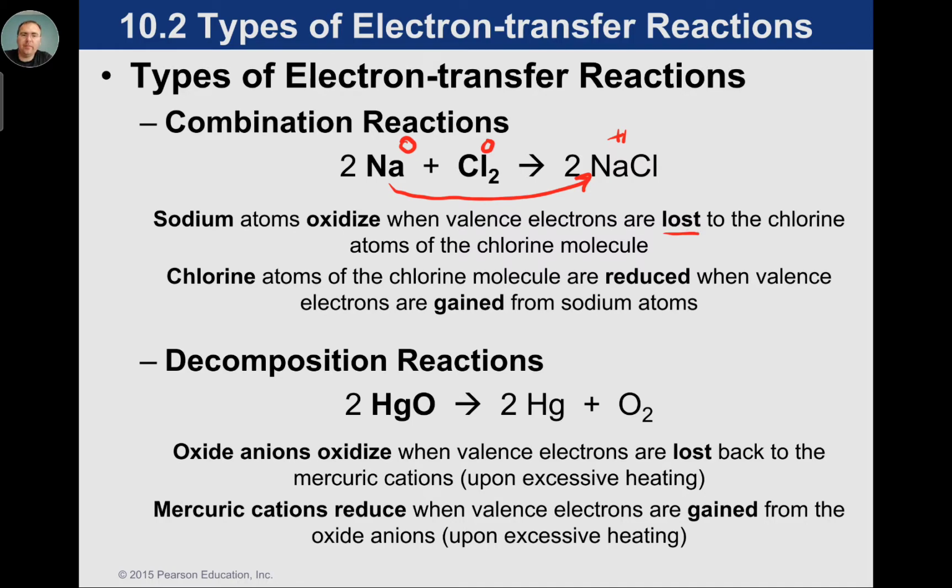That's a Leo. And as chlorine gains those electrons and becomes -1, it's going to be reduced because it's gaining electrons. That's GER. So gain of electrons is reduced, loss of electrons is oxidized. So over here, sodium is the Leo and chlorine is the GER.